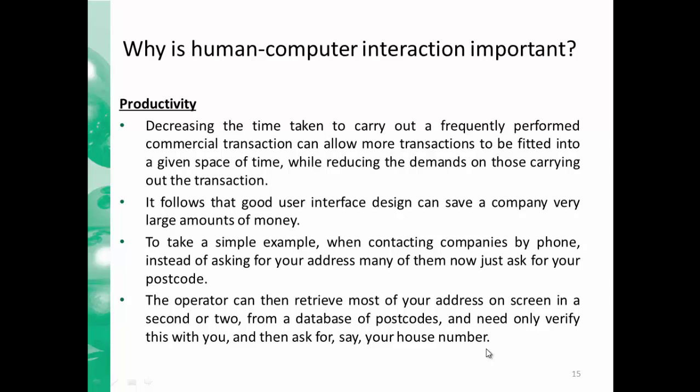We can achieve high productivity by allowing users to do their tasks in a very fast way, and that will be achieved by providing them with a user interface that's easy to use and consistent. When the user interface is usable, easy to use and consistent, the users can perform their tasks very fast and achieve high productivity in performing their tasks.